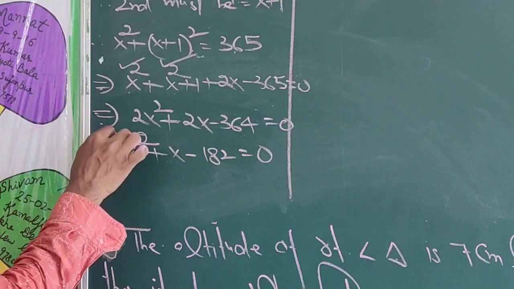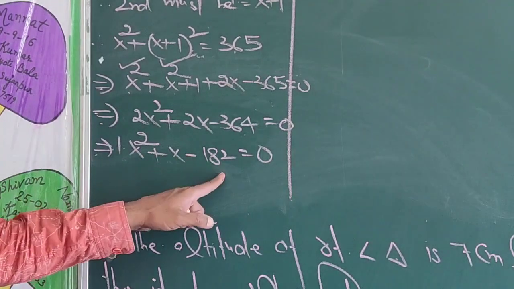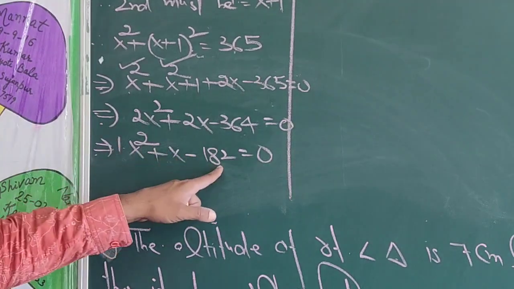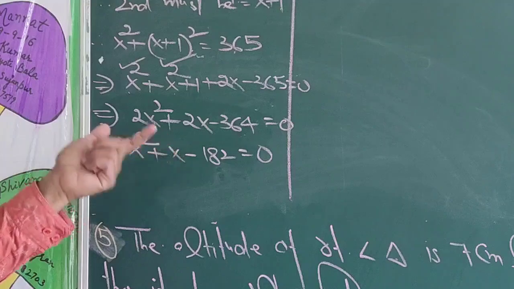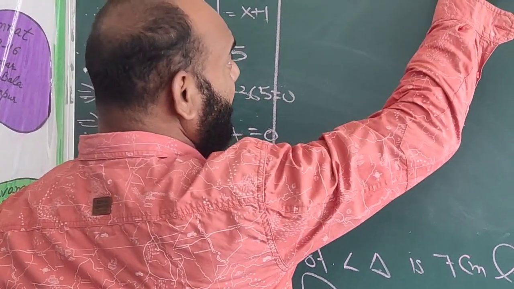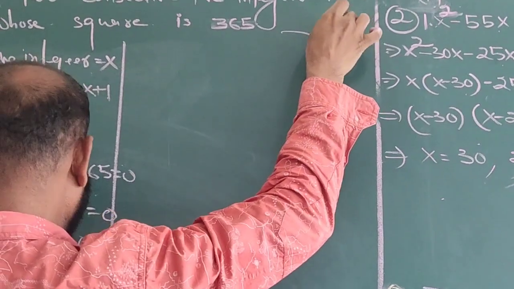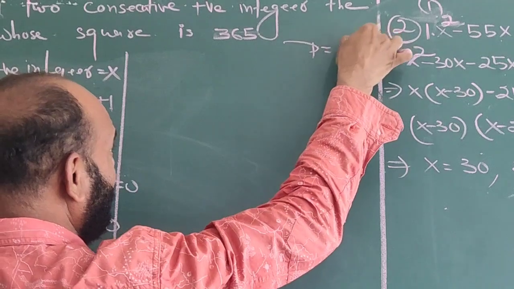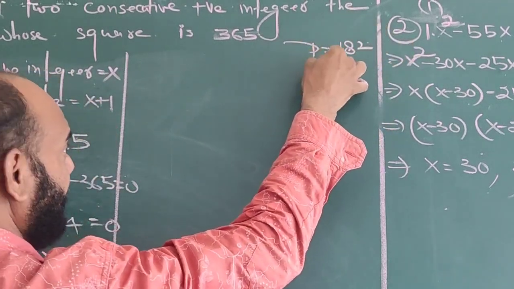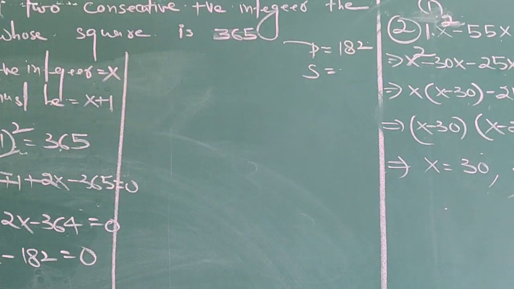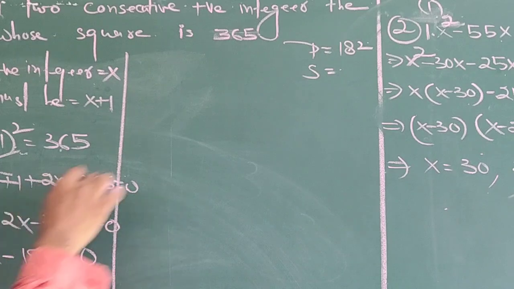Now we multiply the coefficient of x square with the constant term. So 1 multiplied by minus 182 means minus 182. So by product we want to make 182, and by sum we make the coefficient of x, which is equal to 1.